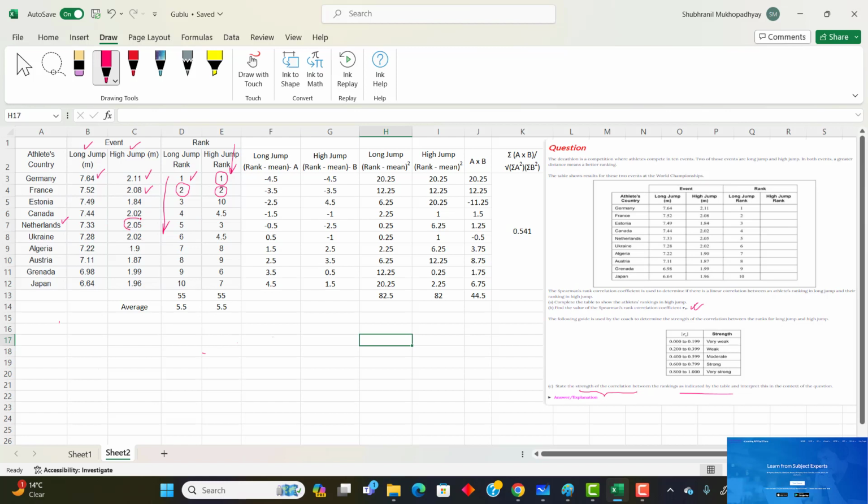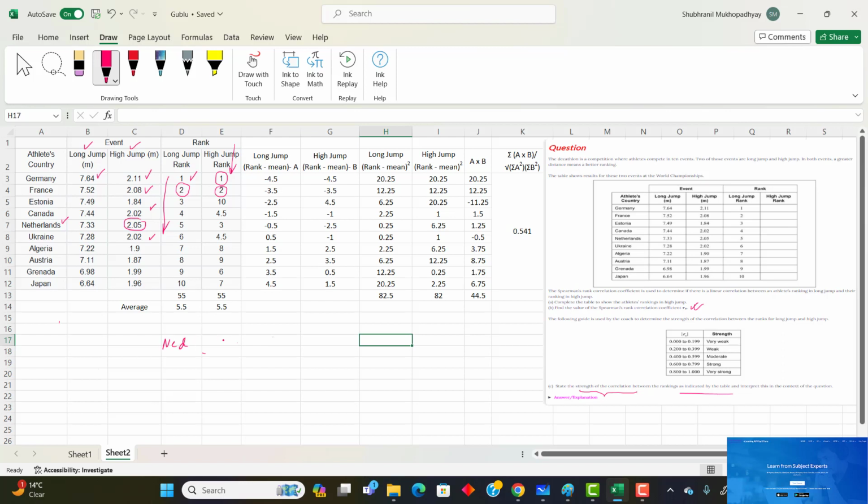After that, there are two countries, Canada and Ukraine, each with a score of 2.02 on the high jump event. Now, to rank them, you have to understand that the previous rank that we allotted was 3 for Netherlands.